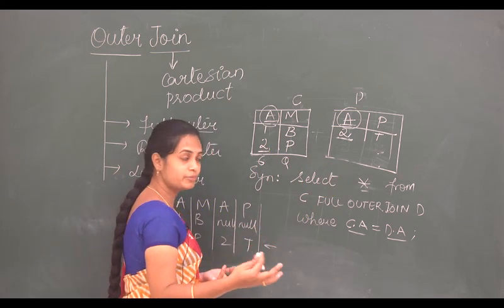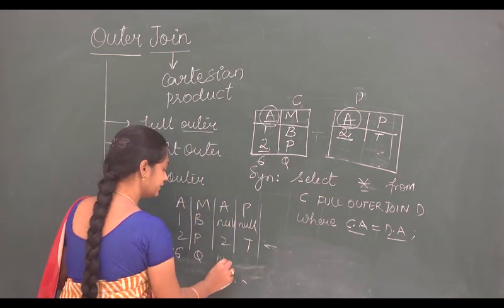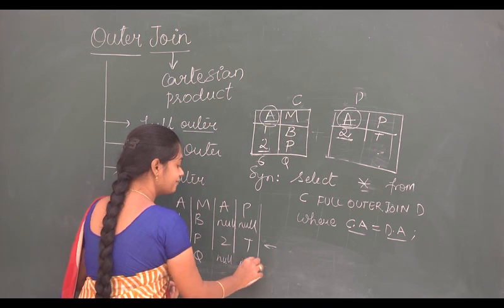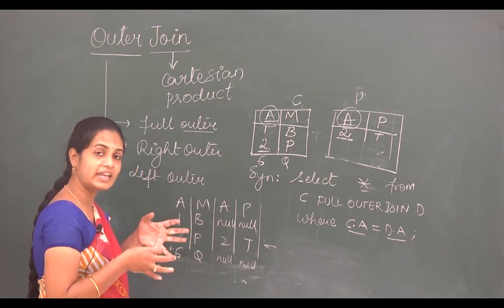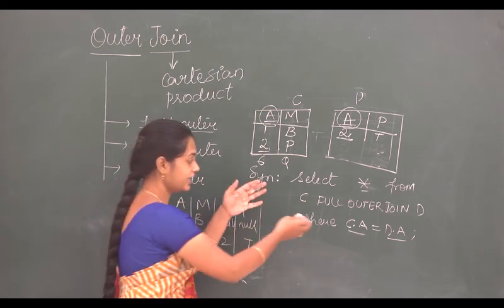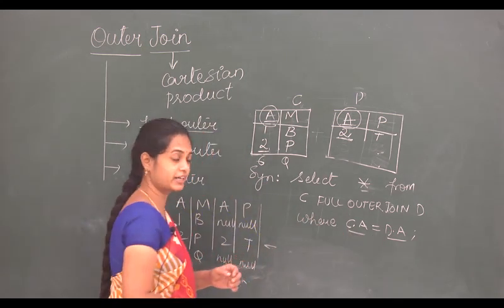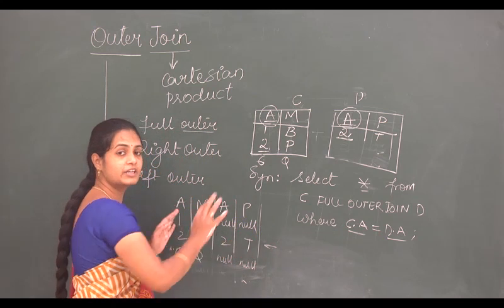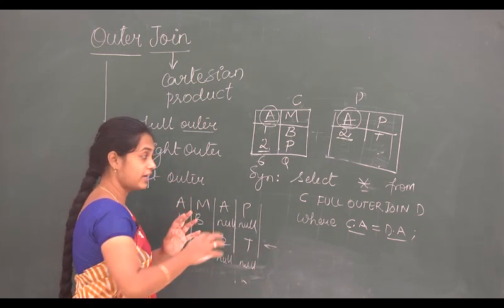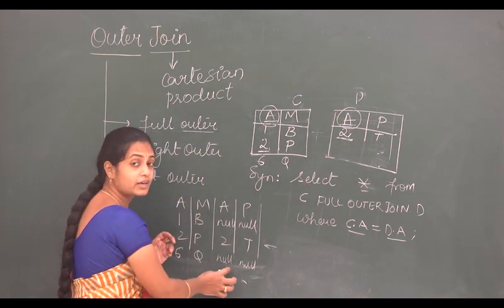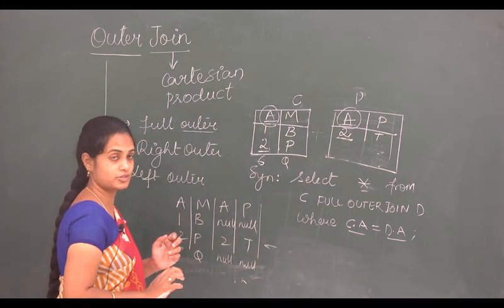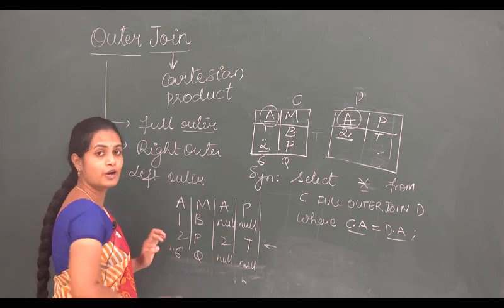We don't have any information, and simply it will return null values. So in outer join, if any values satisfy the where condition, it will retrieve the information like this, or if we do not have any information, it will return null values. Okay, so this is about the full outer join.